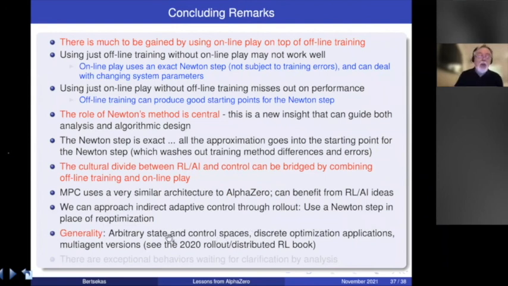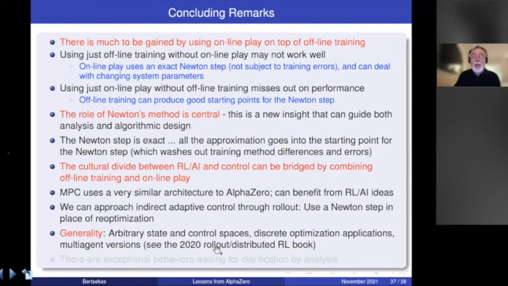The last point I want to make is that all of this is very general. Even though I focused on just a few problem types, the generality comes from having arbitrary state and control spaces and the generality of abstract dynamic programming. And in particular, there are a lot of interesting applications in discrete optimization, integer programming, multi-agent versions, which involve exploitation of the special structure.